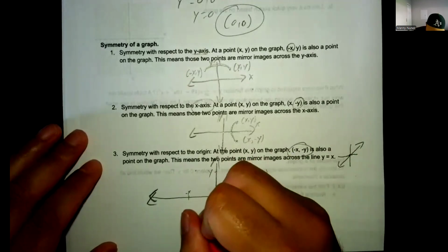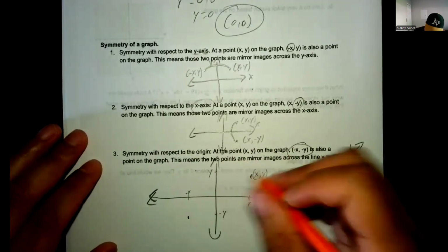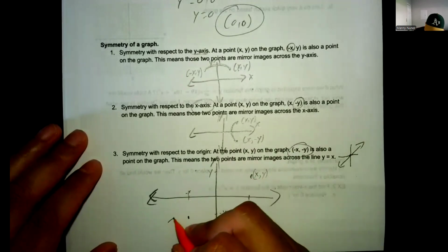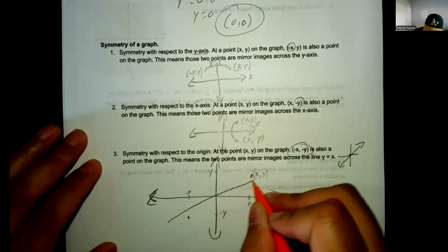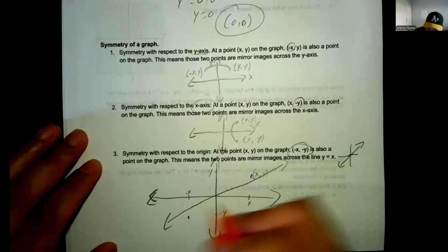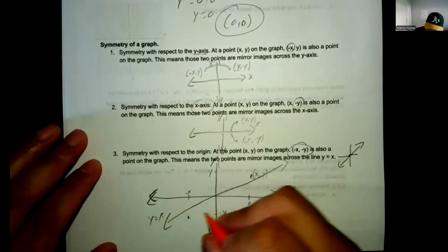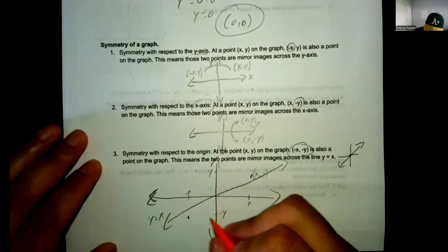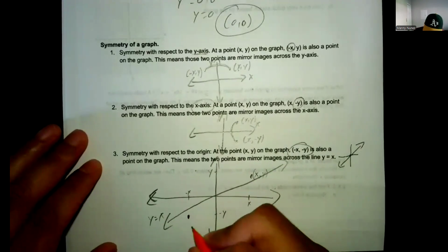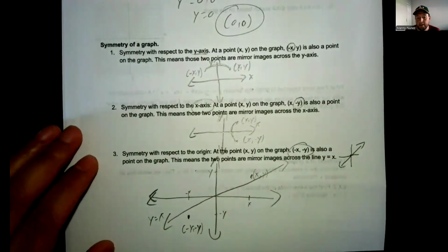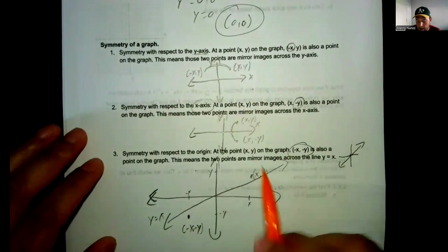In this case, the new point, as it reflects, let's say if I were to draw the point like this, here's the line y equals x. Notice how it's now flipped over to the other side, where now your new point is negative x, negative y. In other words, both values now become its opposite, okay?